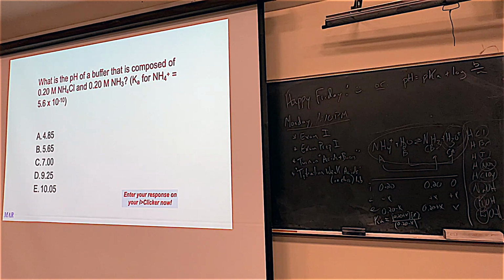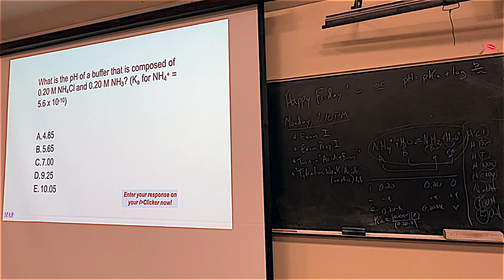So 100 times Ka would be 5.6 times 10 to the minus 8. And that certainly is smaller than either of these concentrations. So you can pull out the plus X, you can pull out the minus X. X is going to be the Ka times the concentration of the base divided by the acid. That's hydronium. Minus log hydronium will give you pH.